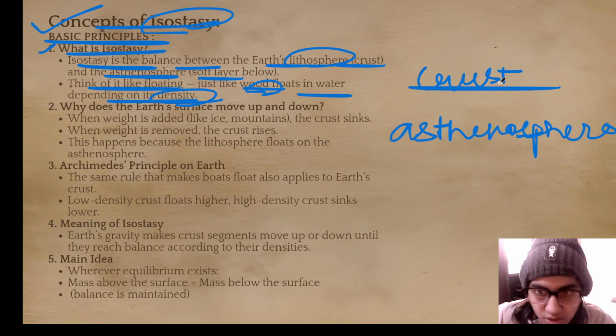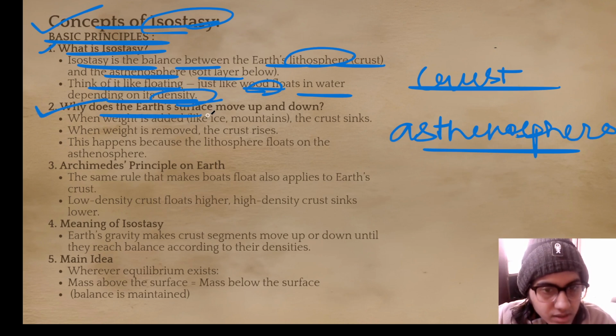So this crust is floating on the asthenosphere, like wood that floats on water. It depends on the density whether it will float or sink down. Similarly, isostasy is this balance between the crust and the asthenosphere.